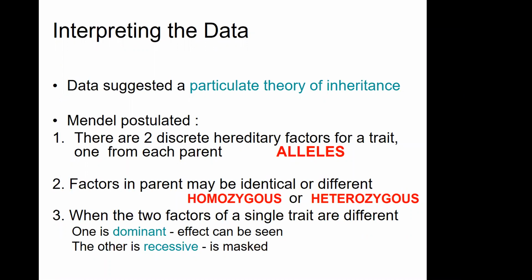Okay, and so the parents might be homozygous or they might be heterozygous. And if they're homozygous, then they're only going to pass on one version of the allele, and every offspring would look the same. That's pure breeding. But if they're heterozygous, then they will pass on a dominant or a recessive. And the likelihood of passing that on is 50-50.